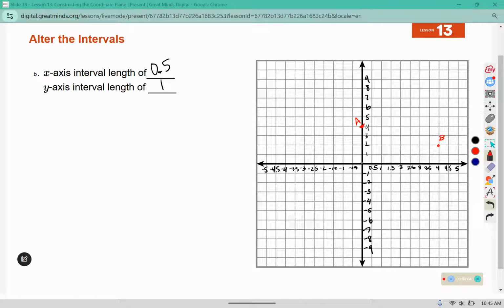C was negative 5, 0, so all the way out here to negative 5, and then 0 for the up and down. D, 2, negative 1. E is negative 2, negative 1. F is 0, negative 3. G is negative 4, positive 2. And H is 5, 0.